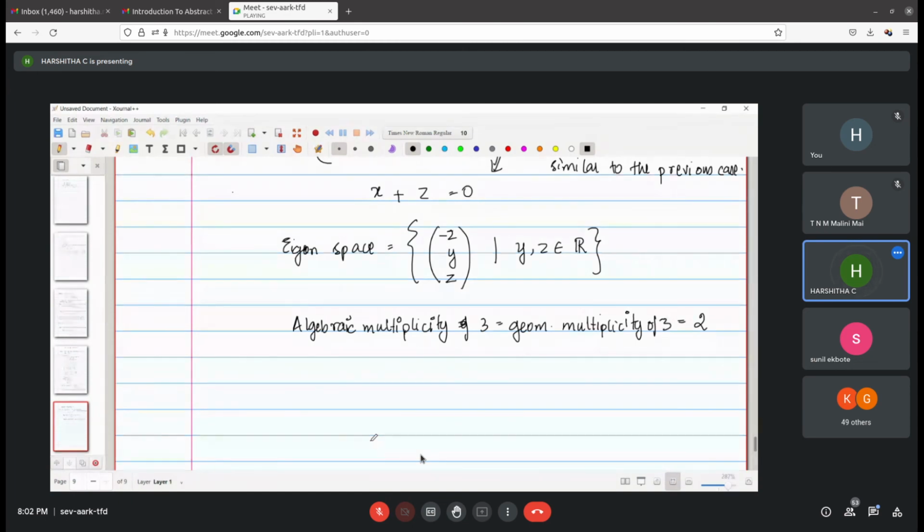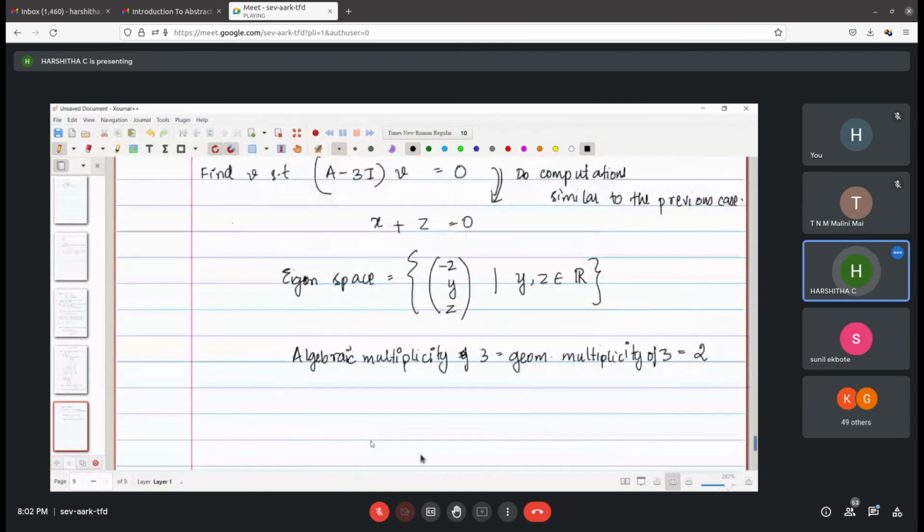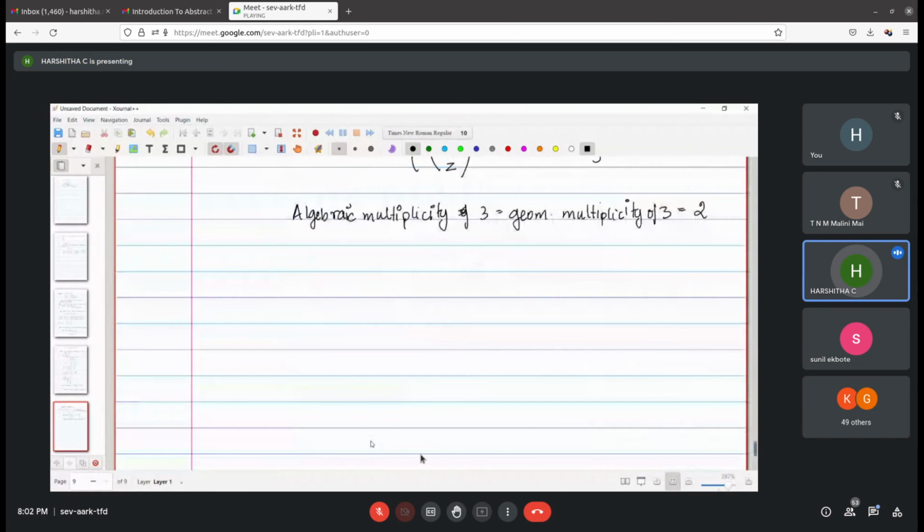Right? And one of the conditions for diagonalizability of a linear transformation was that these two numbers have to be equal for every eigenvalue. Okay?